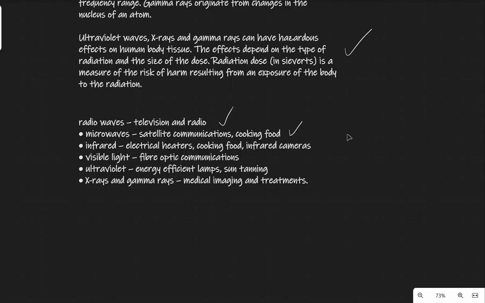We also have infrared, which is being used in heaters and in cooking food, and infrared cameras. We've got visible light, which is used in fiber optic communications. In fact, you're also looking at this video through visible light. Also ultraviolet, which is used in sun tanning, for instance, and X-rays and gamma rays in medical imaging and treatments.